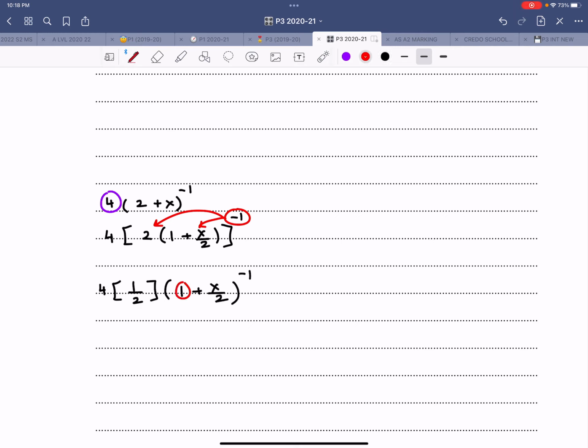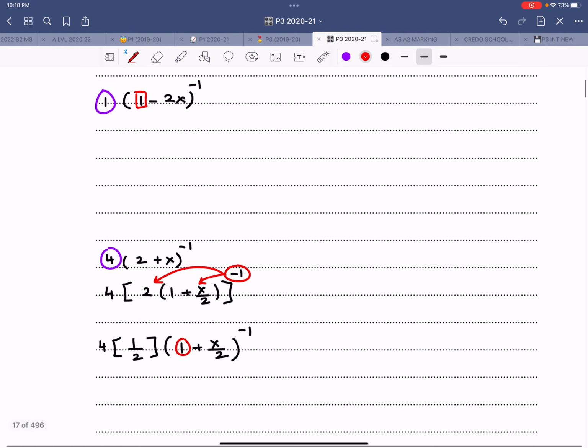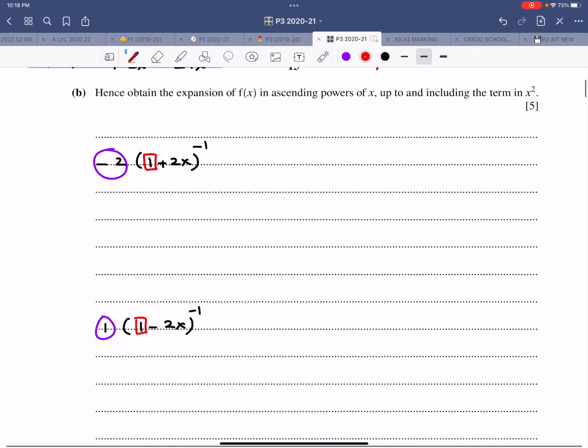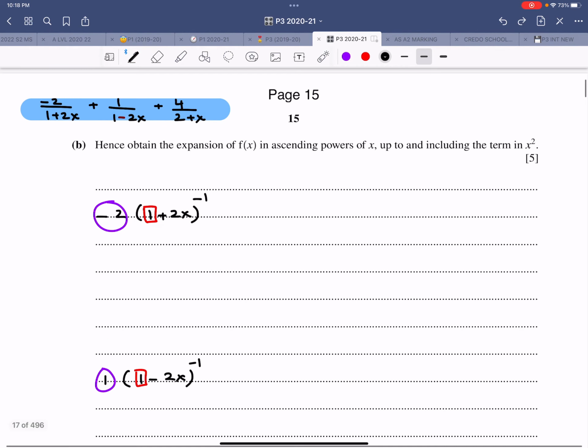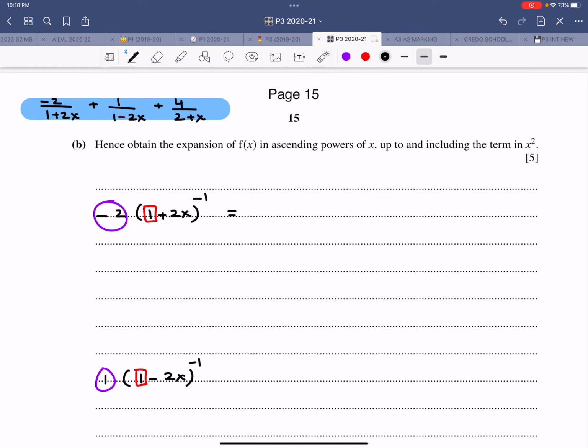Now it's perfect. So now what will you do? You will expand this. Therefore this is minus 2 as it is, 1 plus minus 1 into 2x and then minus 1 minus 2, 2x whole square over 2 factorial, and then you would simplify.